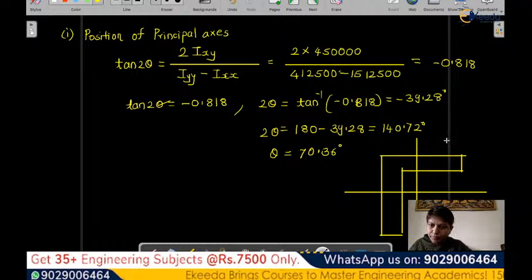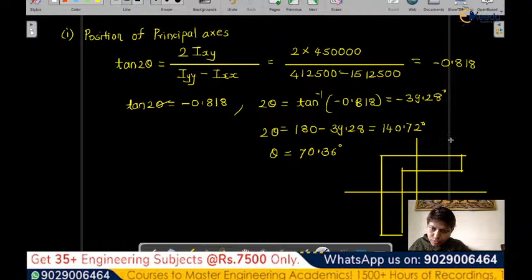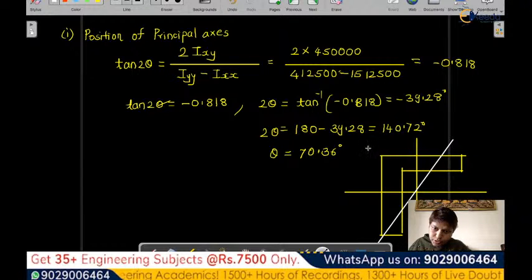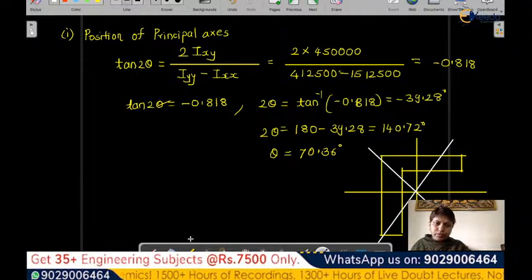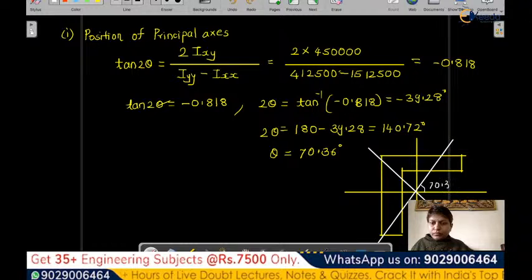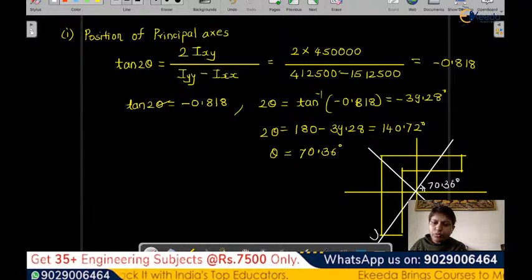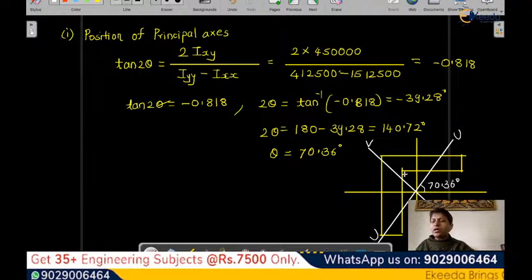I'm just using a different color to make you understand. Another axis should be perpendicular to it. So this is your 70.36 degree. Let's call this UU and let's call this VV. So that is a principal axis.